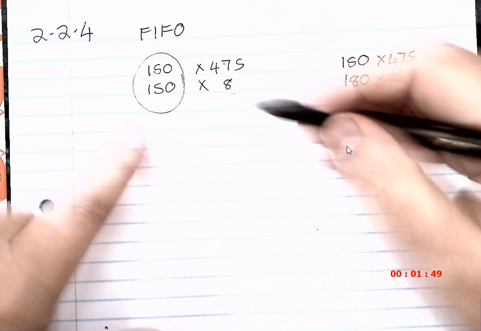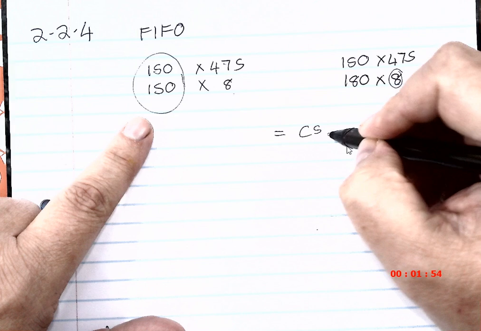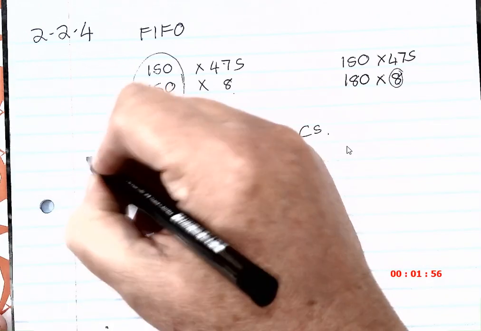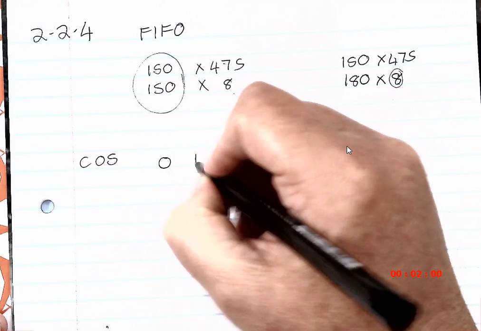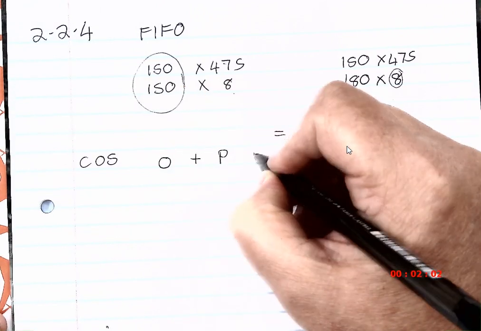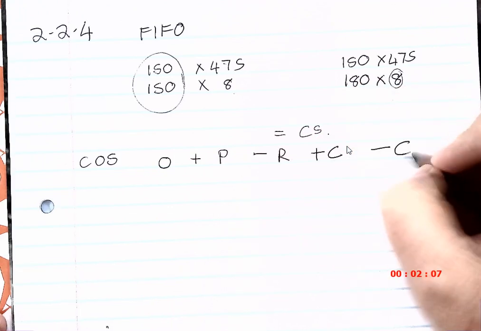Because remember, what are we calculating here? We are calculating the closing stock. So if I calculate the cost of sales, I must take the opening plus the purchases, less the returns, plus the carriage, less the closing.